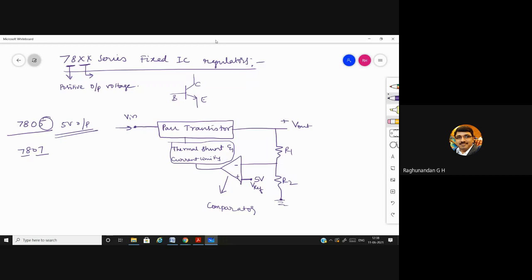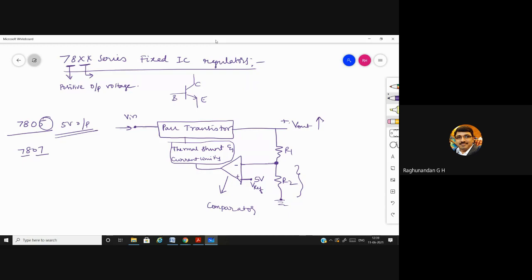Here what happens is, suppose the output is now increasing or is above the required level. During that time, that voltage will be appearing across this also, because these two resistors are connected parallel to this. So the same voltage plus V0 will be appearing across this particular node, and this voltage is connected to the negative terminal of the op amp. This op amp is going to compare this incoming voltage at the negative terminal with the voltage at the positive terminal.